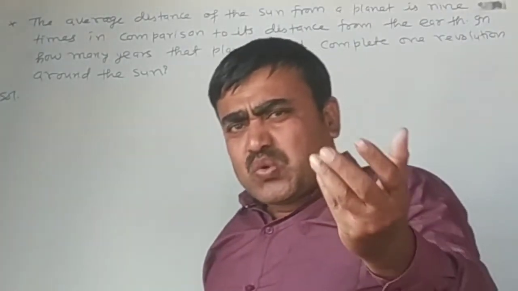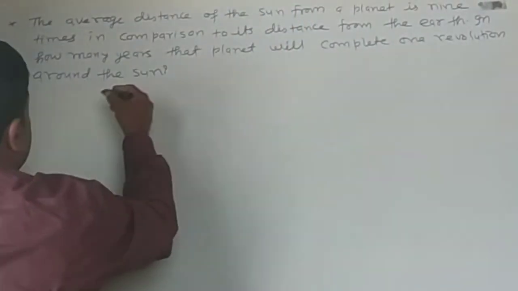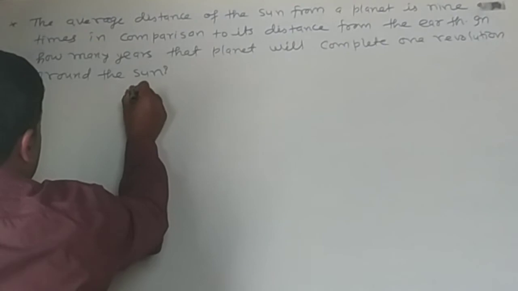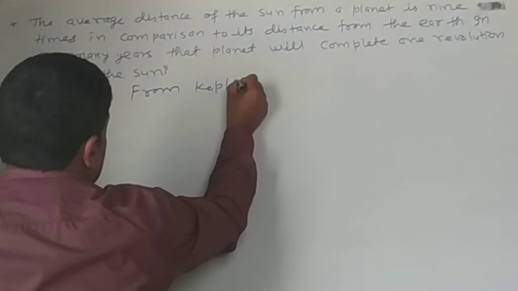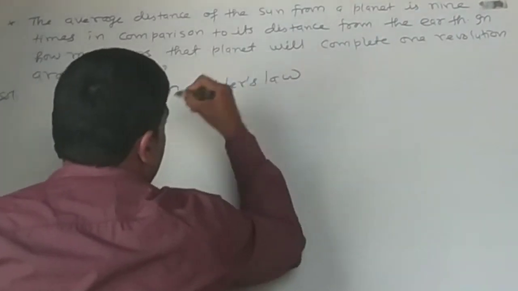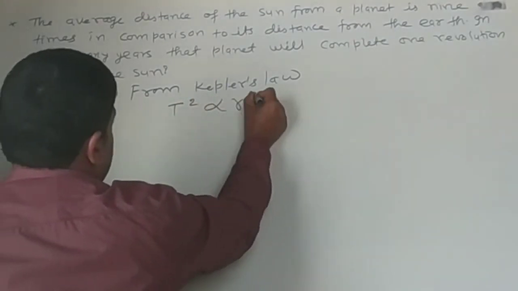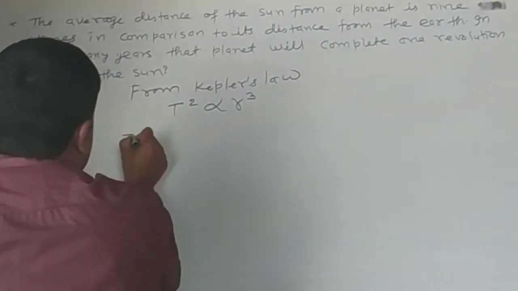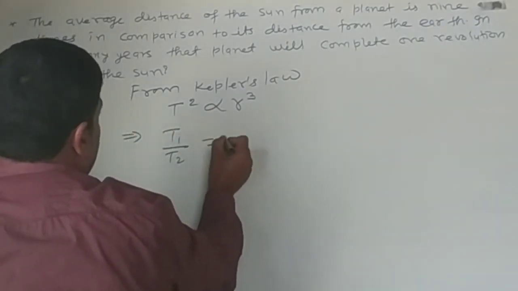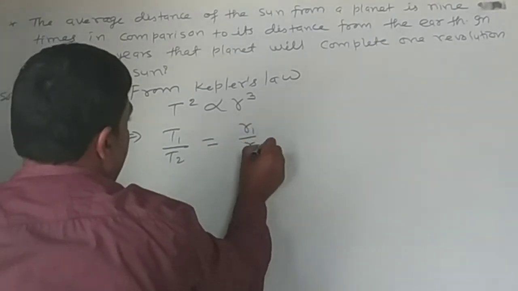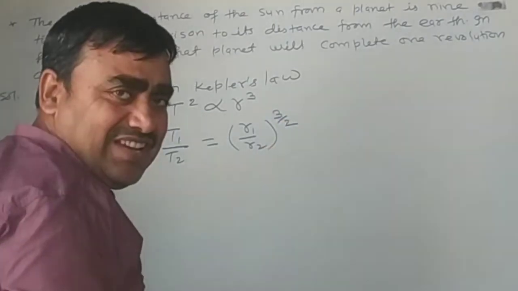It is so easy, so simple. Look here. From Kepler's law, T square varies as R cube. It can also be written as T1 upon T2 is equal to (R1 upon R2) to the power 3 by 2.